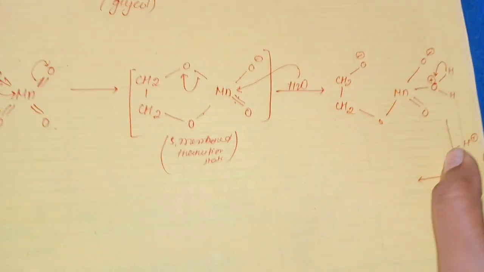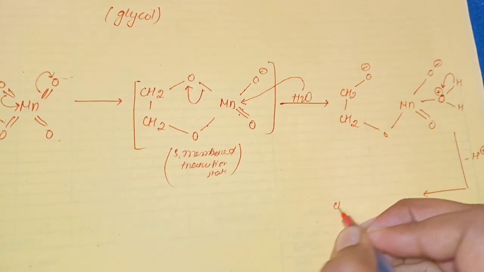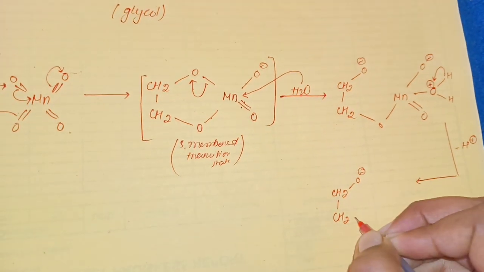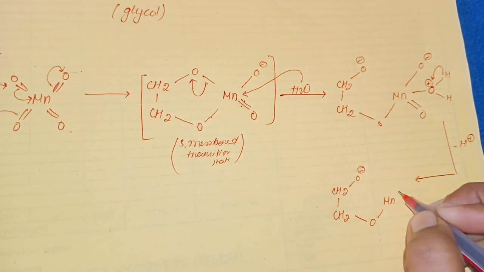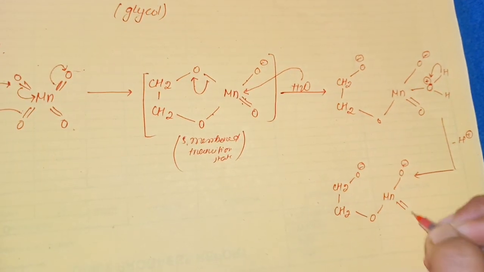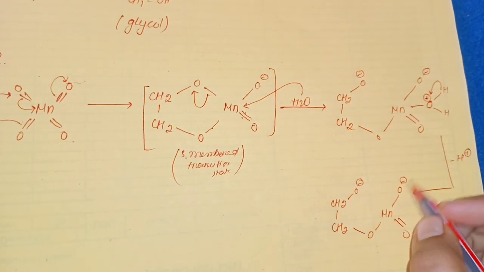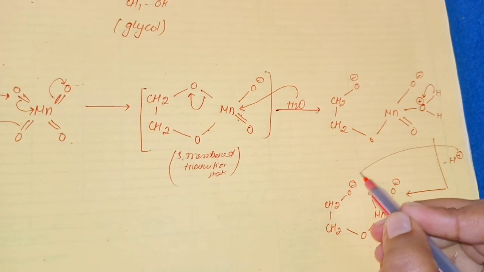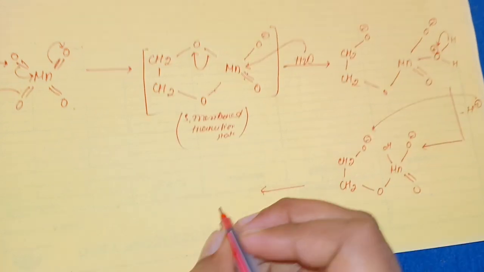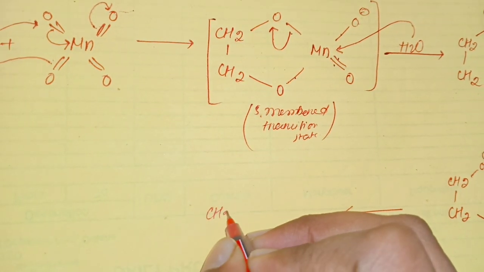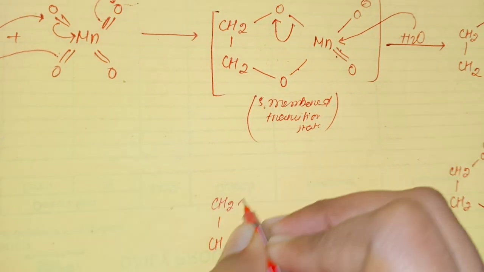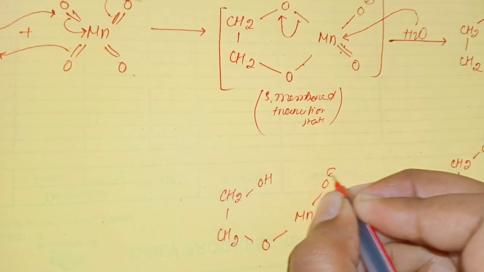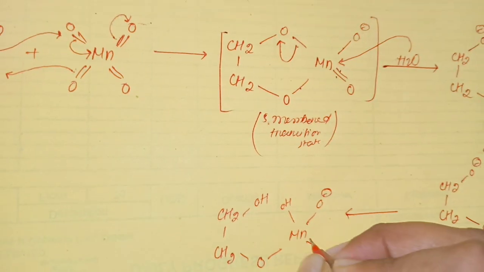What we get is CH2 bond CH2 bond O negative, bond O bond Mn, double bond O, and OH will remain. As H plus and OH minus are there, they form a bond and we get CH2 bond CH2 bond OH, bond O bond Mn, bond O negative, double bond O.